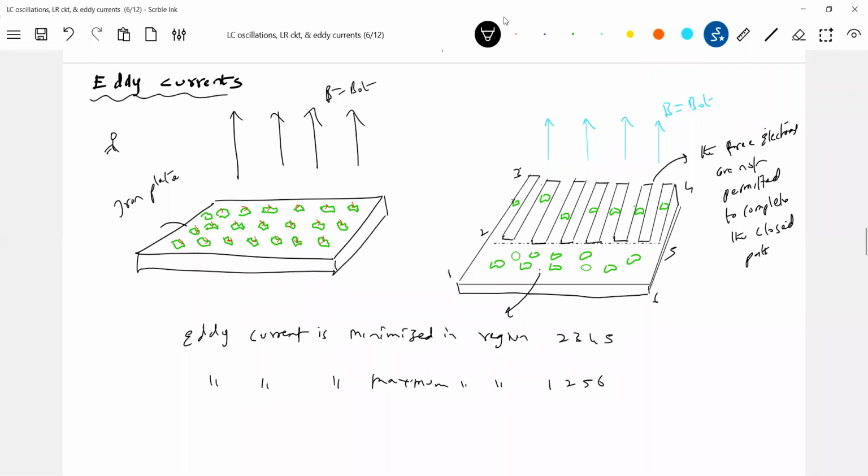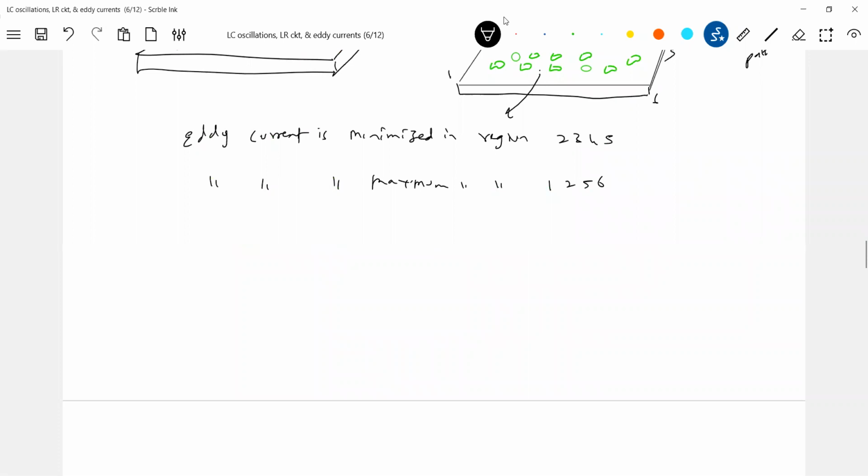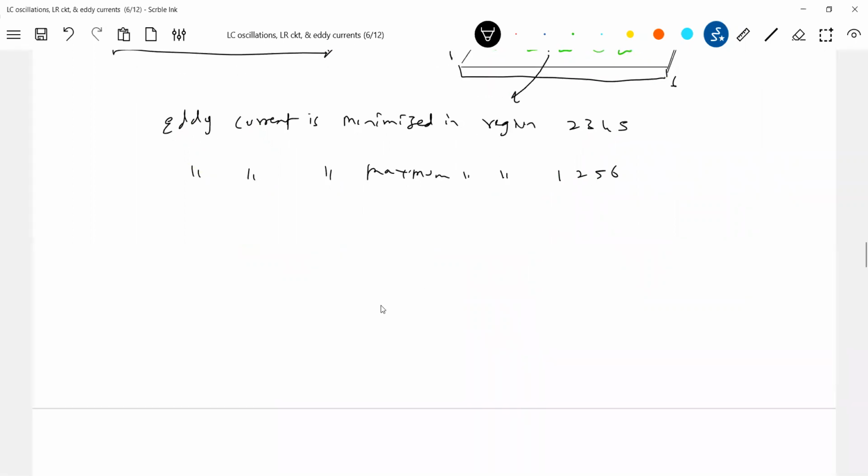Well, let's see now: will there be any force acting due to this eddy current? Again, we have to stick to the same basic Lenz's law concept. So let there be a uniform magnetic field region. Let there be a square plate. I'll project it with a velocity. I need a lot of space.